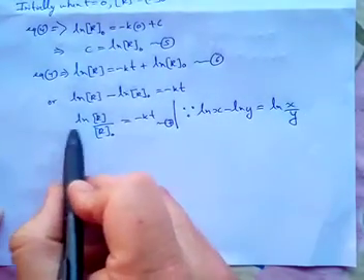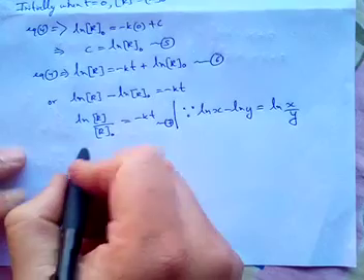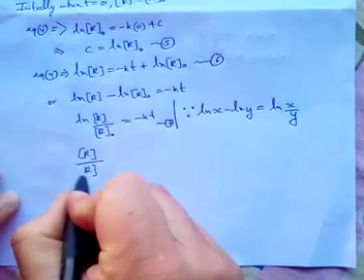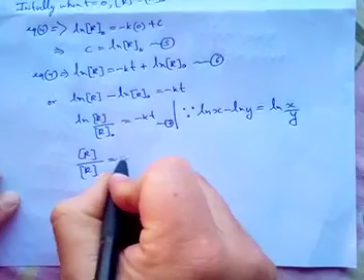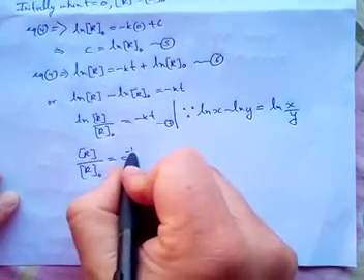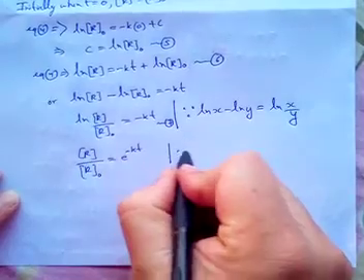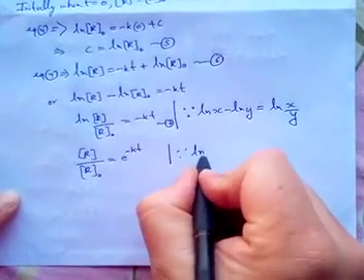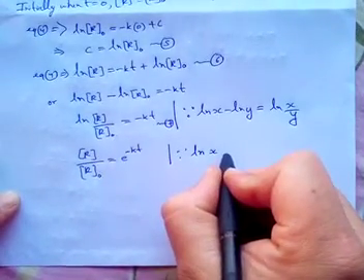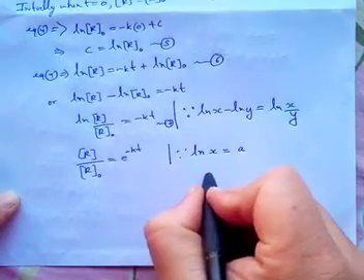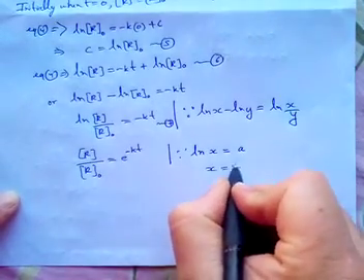Now if I remove this natural log, then your equation comes as r by r0 equals e to the power minus kt, so everything will come in the power. Since we have the property that if ln x equals a, then we can write x equals e to the power a.